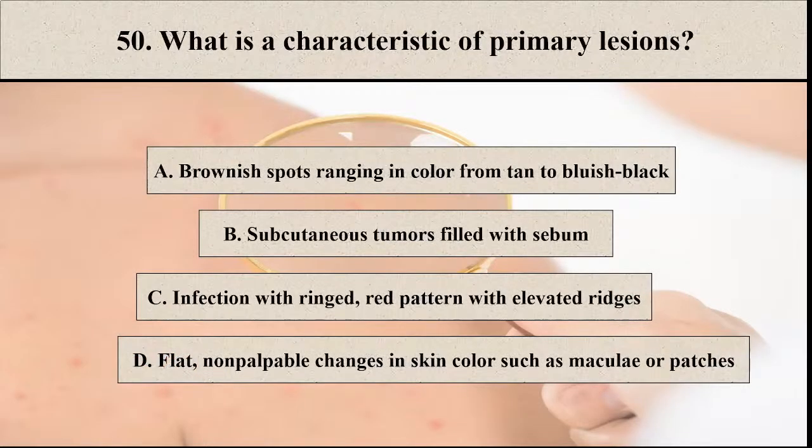What is a characteristic of primary lesions? Is it brownish spots ranging in color from tan to bluish black, subcutaneous tumors filled with sebum, infection with ringed red pattern with elevated ridges, flat, non-palpable changes in skin color such as maculae or patches?